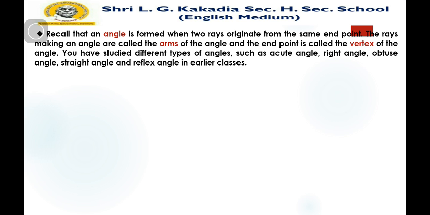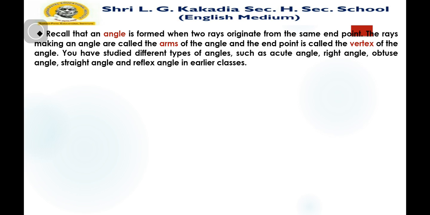Recall that an angle is formed when two rays originate from the same endpoint. The rays making an angle are called the arms of the angle, and the endpoint is called the vertex of the angle.